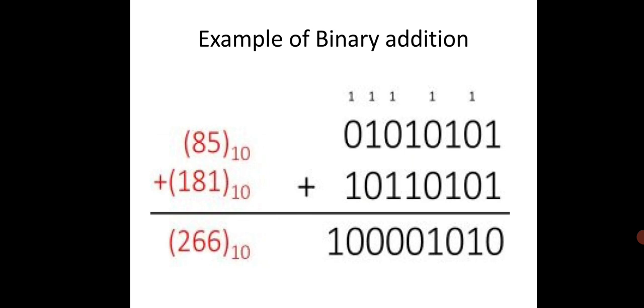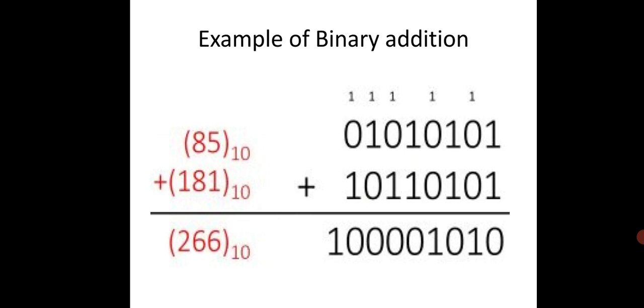We write down that carry at the bottom, that is 1. 1 plus 1 again, 1 0. The next it is 0 plus 1. It is 1, but there is again carry, so 1 plus 1 it is 0 and carry 1.